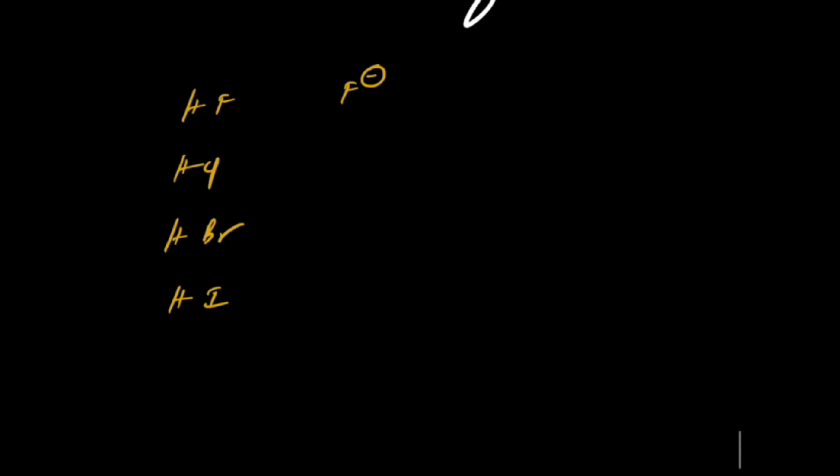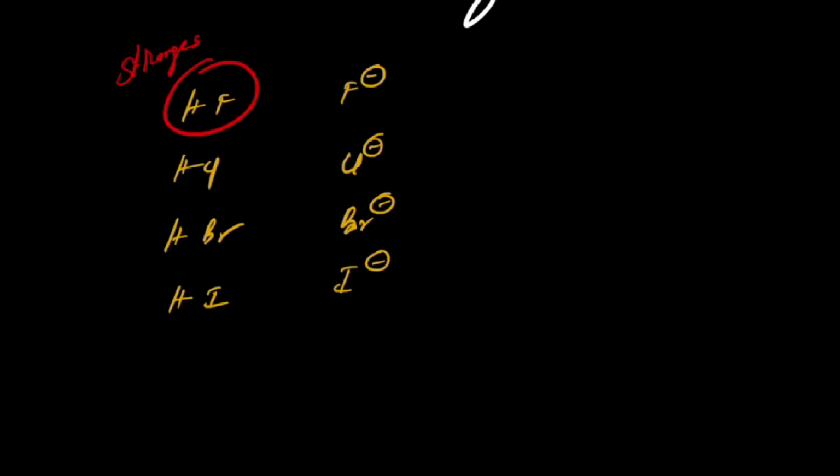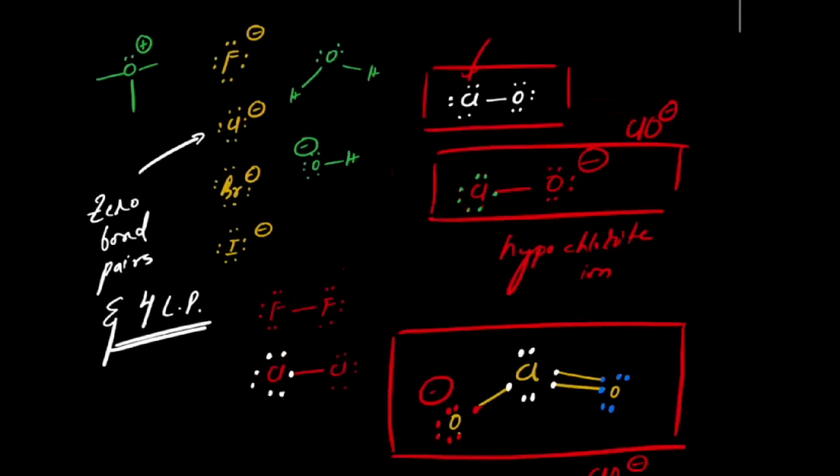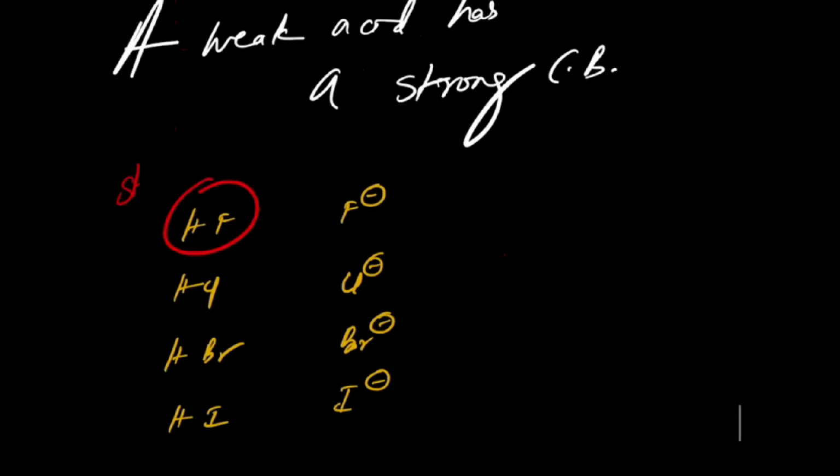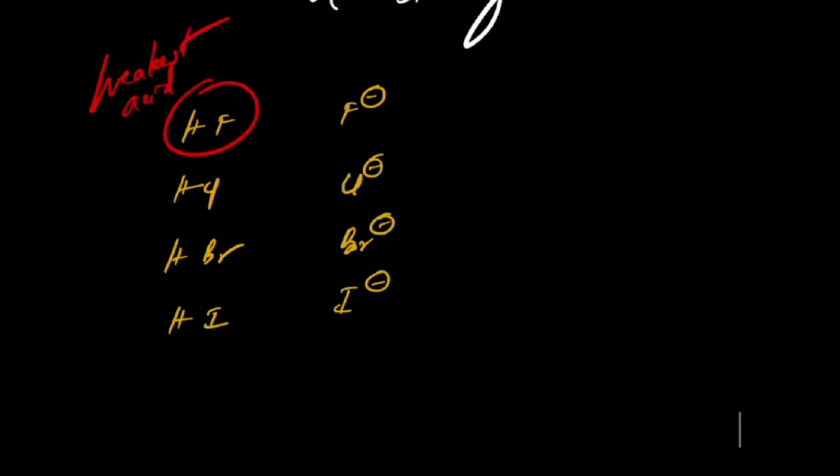F minus, Cl minus, Br minus and I minus. Now, strongest acid, weakest acid. Weakest acid, strongest acid.